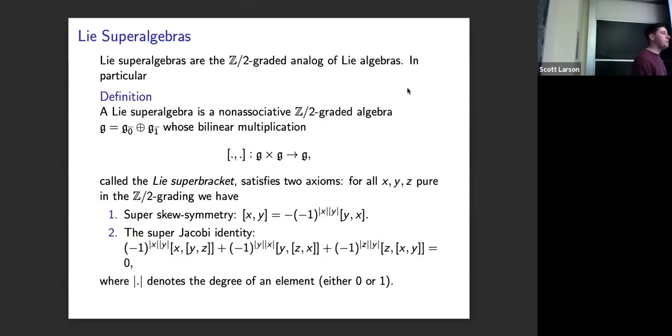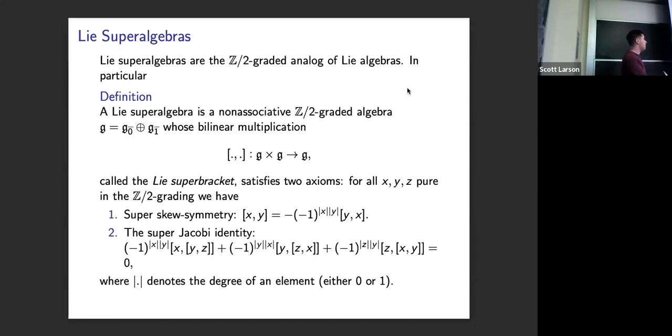All right. So now I want to talk about Lie superalgebras, which feels much more down to earth to me. A Lie superalgebra is like the Z2 braided analog of a Lie algebra. It has a Z2 grading, so you can decompose g equals g0 plus g1.